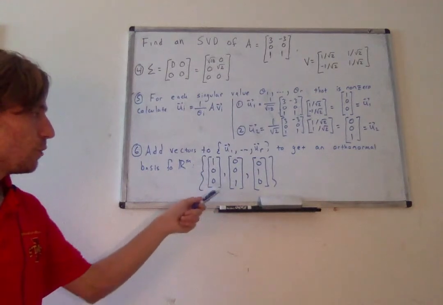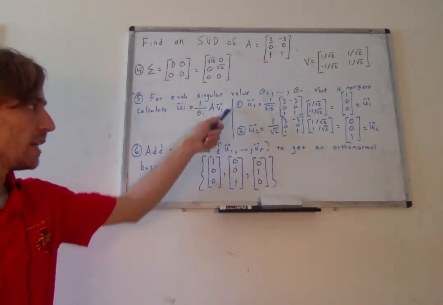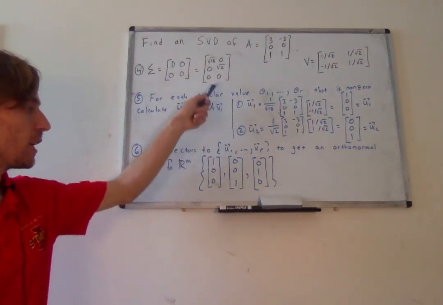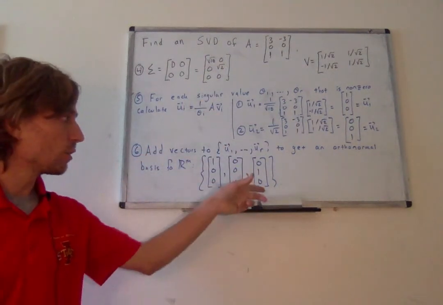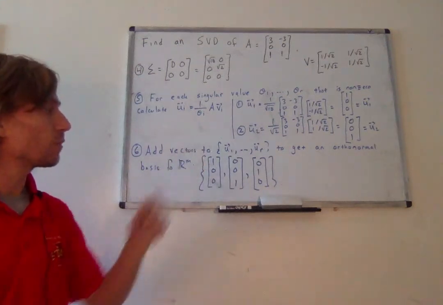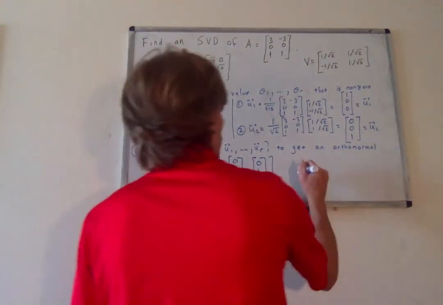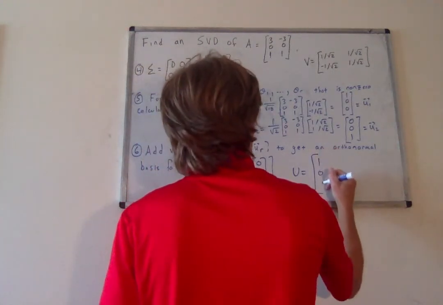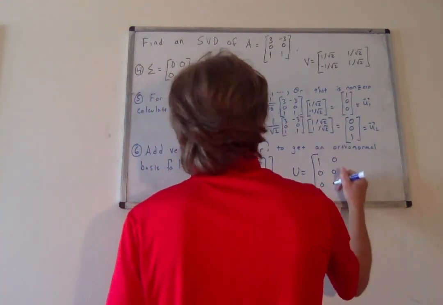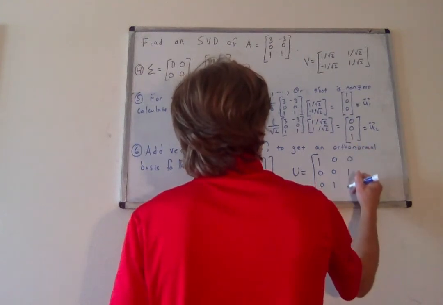So these two vectors we added using the two non-zero singular values of our original matrix. We just added one more vector to make this an orthonormal basis for R3. And so our matrix U is equal to 1, 0, 0, 0, 0, 1, 0, 1, 0.